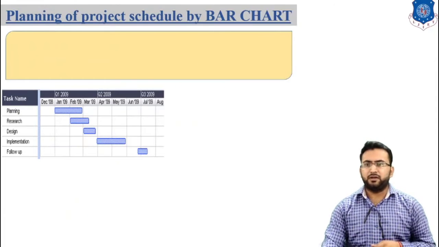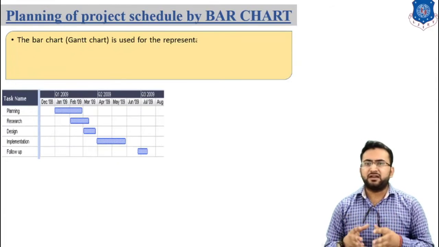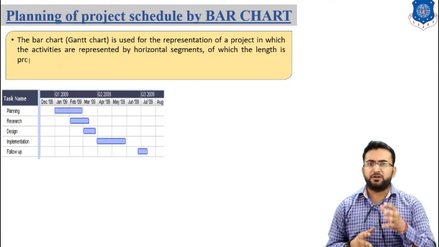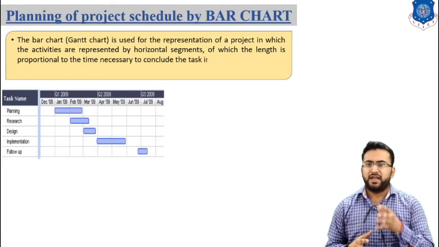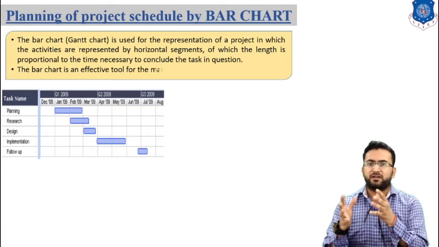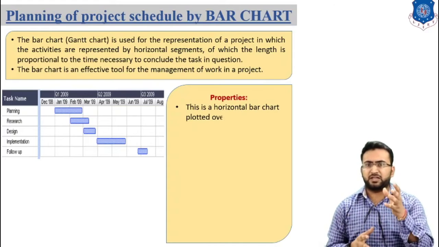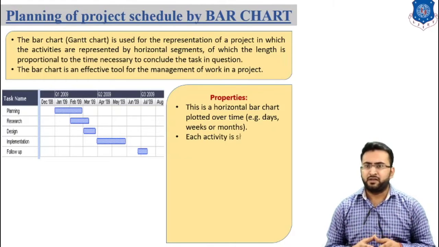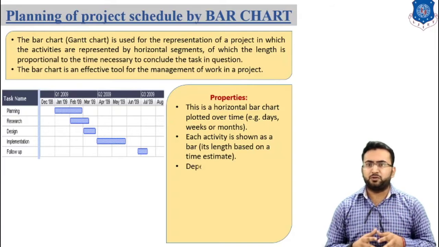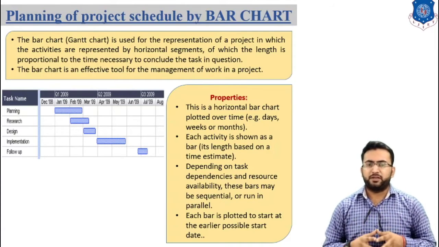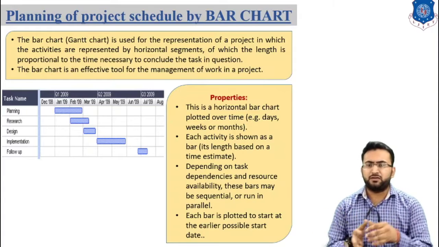So let's talk about the bar chart. The bar chart, also known as the Gantt chart, is used for representation of a project in which activities are represented by horizontal segments whose length is proportional to the time necessary to complete the task in question. The bar chart is an effective tool for the management of work in a project. It is a horizontal bar chart plotted over time, such as days, weeks or months.